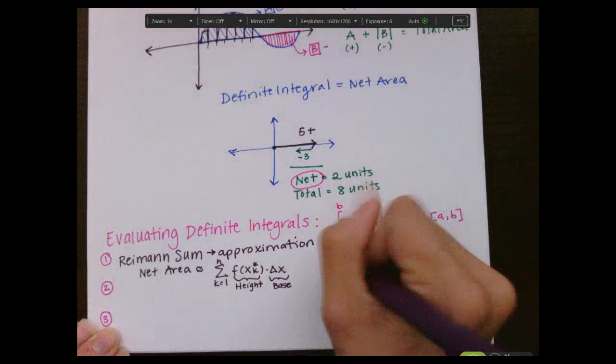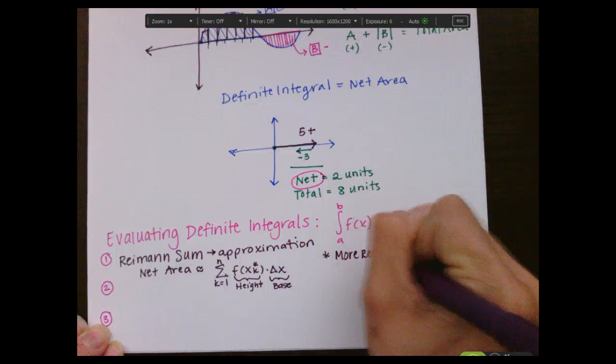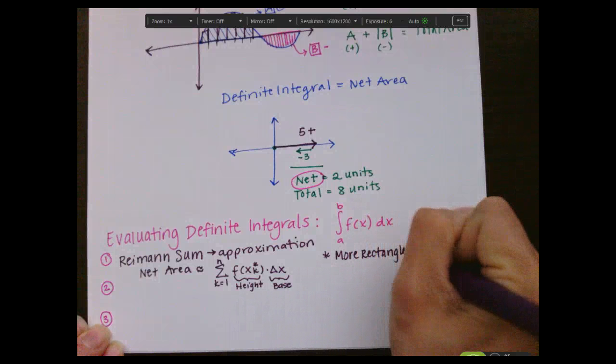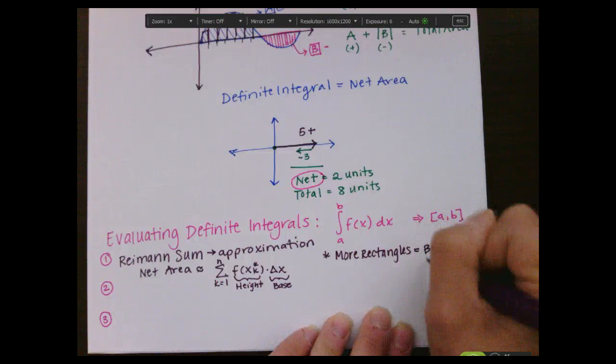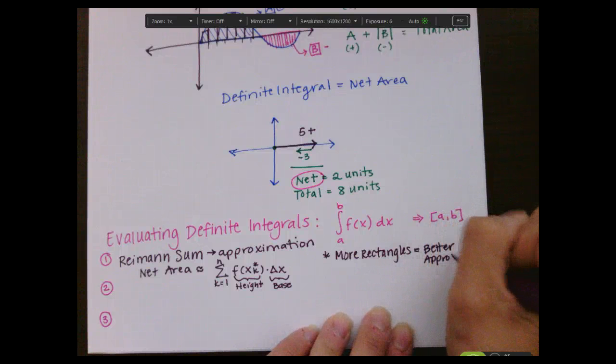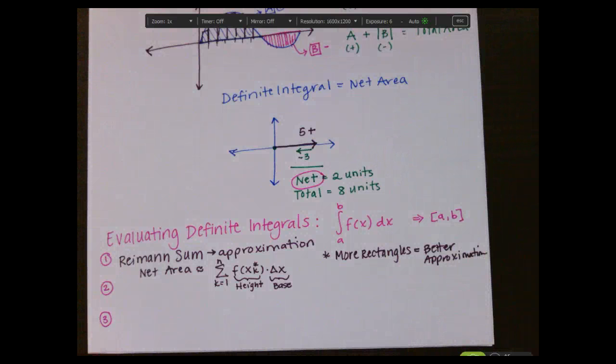The thing to remember is the more rectangles or the more subintervals, the better the approximation. Typically, we only ask you to do maybe 4 or 5 different subintervals, where you're calculating only a few, definitely a finite amount of rectangle areas.